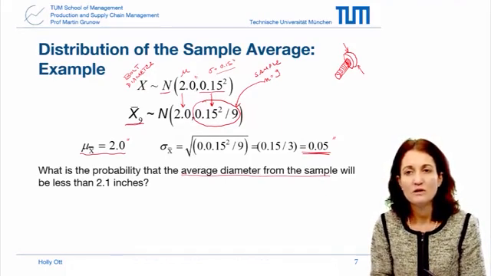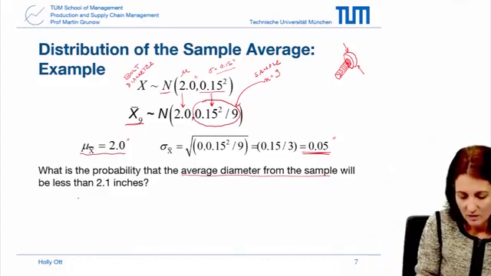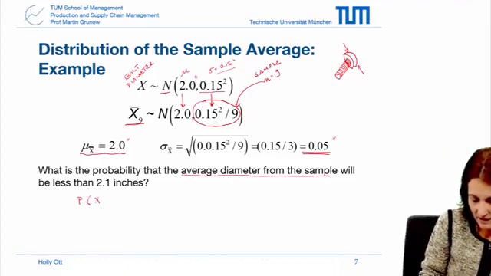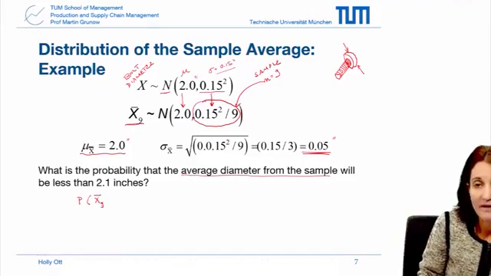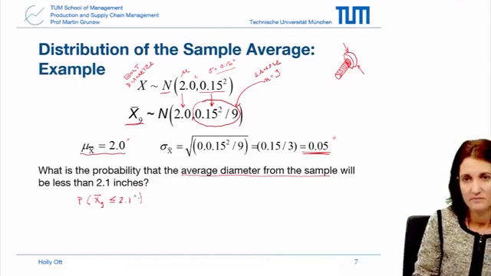We can use our knowledge of the normal distribution to solve this. Now let's write this out. We're interested in the probability that our sample average from a sample of size 9 is less than or equal to 2.1 inches.